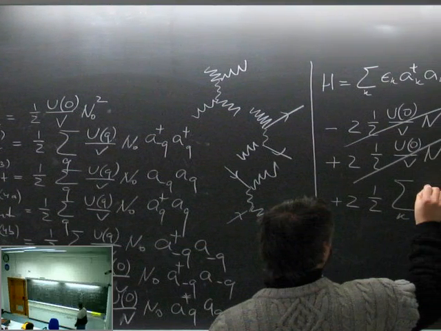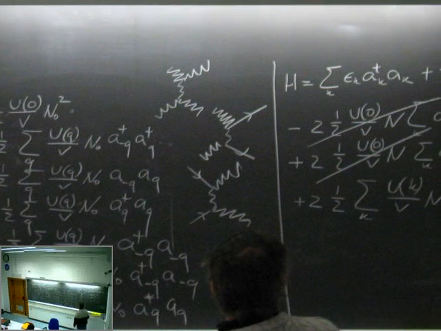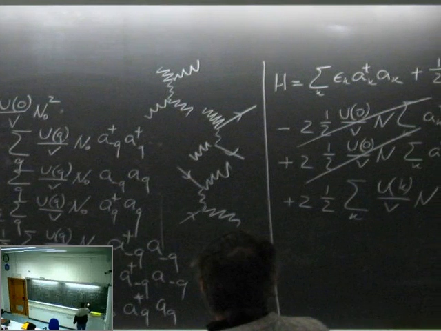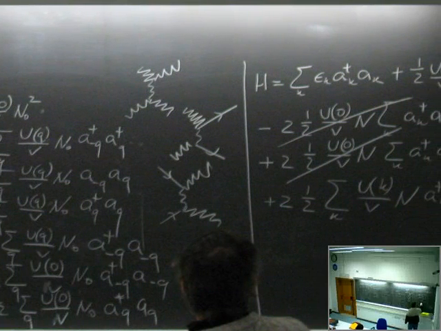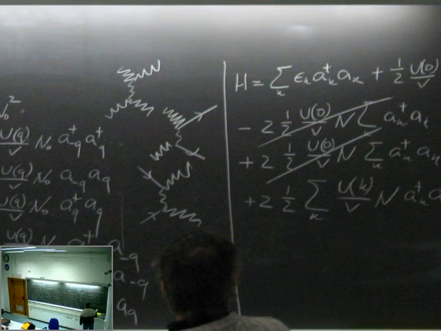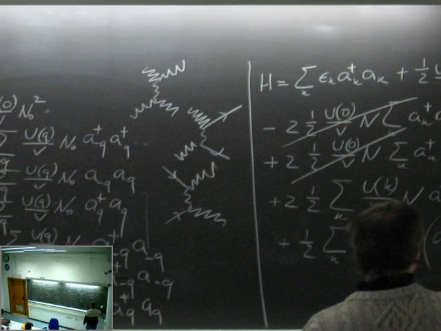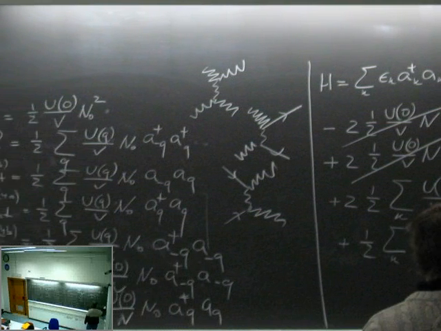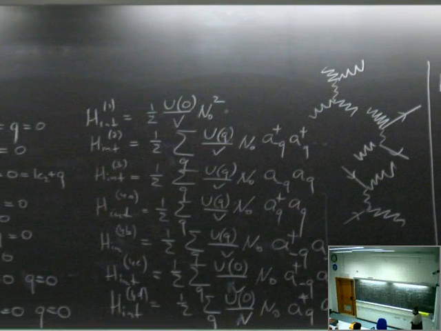So I collected these two terms, and now what remains then is plus 1/2 sum over K U K over V N, and here A dagger K A dagger minus K plus A minus K A K. This is my Hamiltonian.